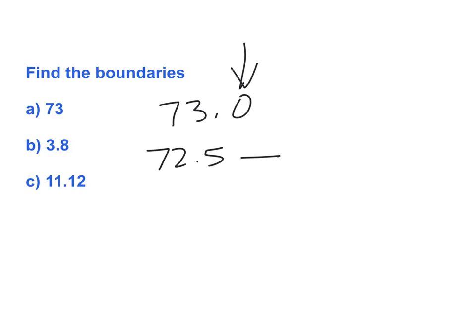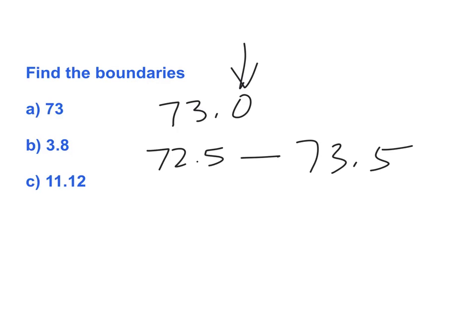Now, here's where we get into a little bit of a contradiction. Because with one decimal place, what's the biggest number that rounds down to 73? 73.4. However, and again, this is where the contradiction comes into place, the reality is it's 73.4, and I don't know why they do this, I can't answer it, but we say it goes to 73.5.